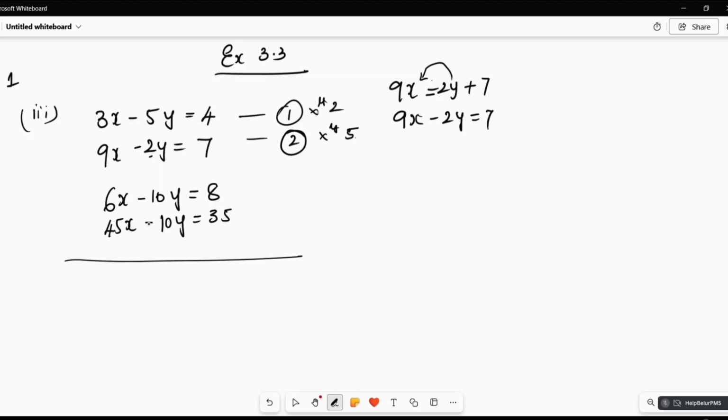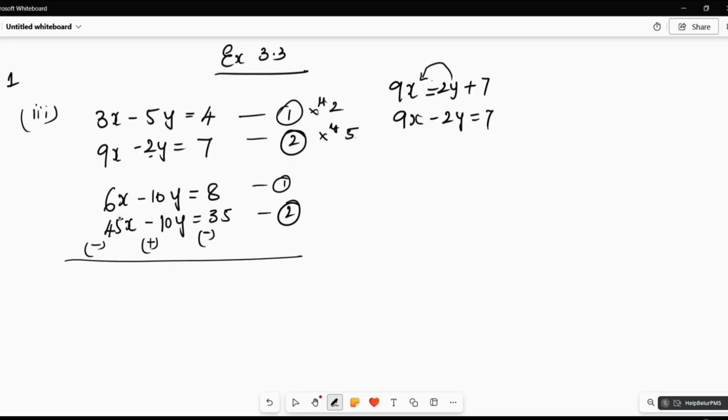Now, if I add these two, I will get minus 20y, right? So I will change the sign of the second equation. Plus will become minus, minus will become plus, and here plus is there, that will become minus.